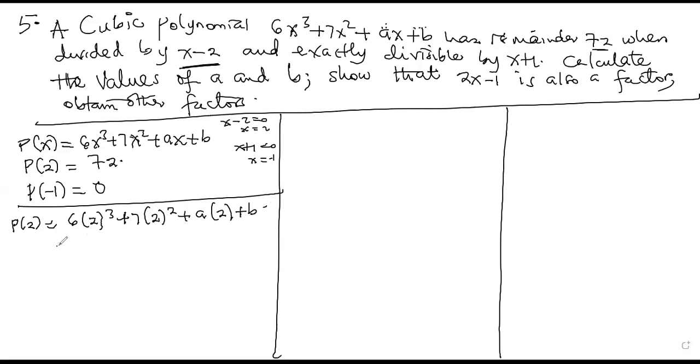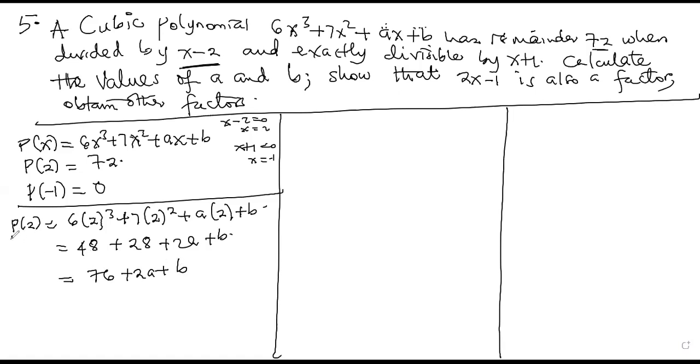So this one will give you 48 plus 28, because this is 4 times 7, then plus 2a plus b. When you work on this, it's going to simplify to 76 plus 2a plus b.